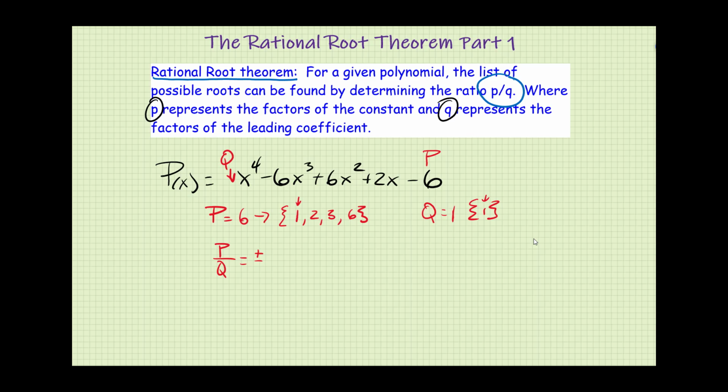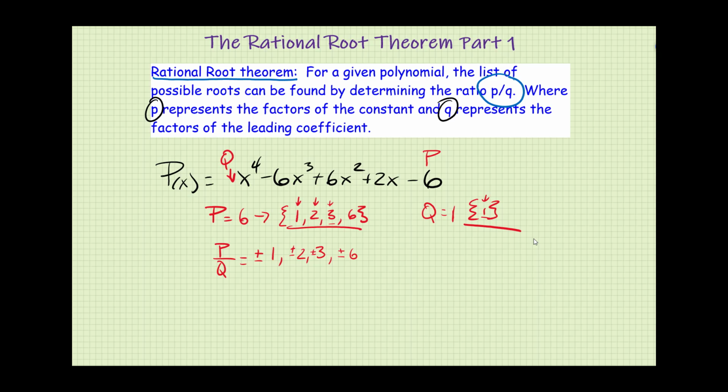So 1 divided by 1 is 1. Then 2 divided by 1 is 2. Then 3 divided by the q value, which is 1, so that's plus or minus 3. And finally, plus or minus 6.